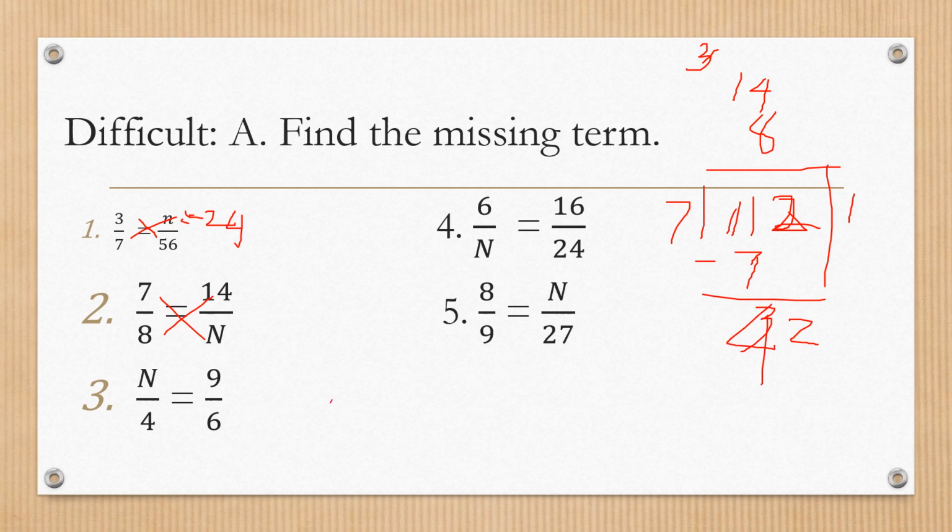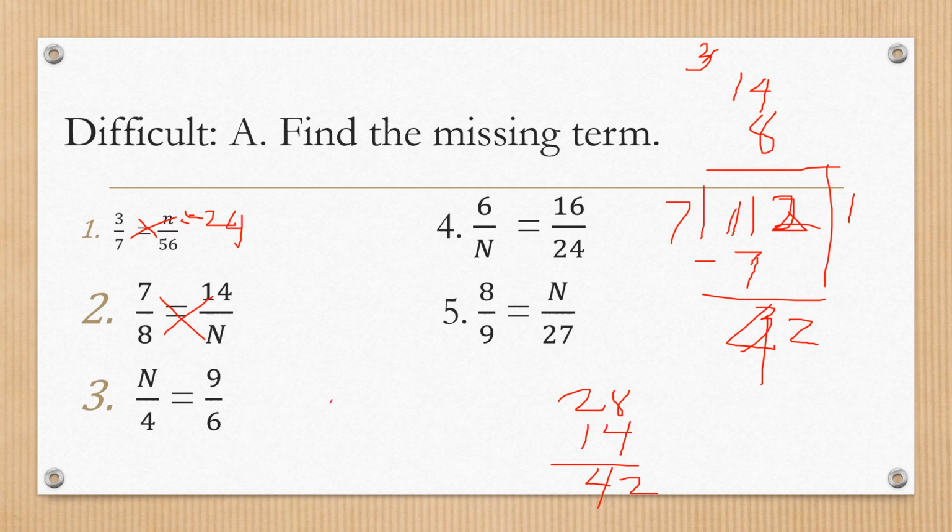So 42 divided by 7 is equals to how many? 7, 7, 14 plus 14, 28. 28 plus 14, that is equivalent to 42.